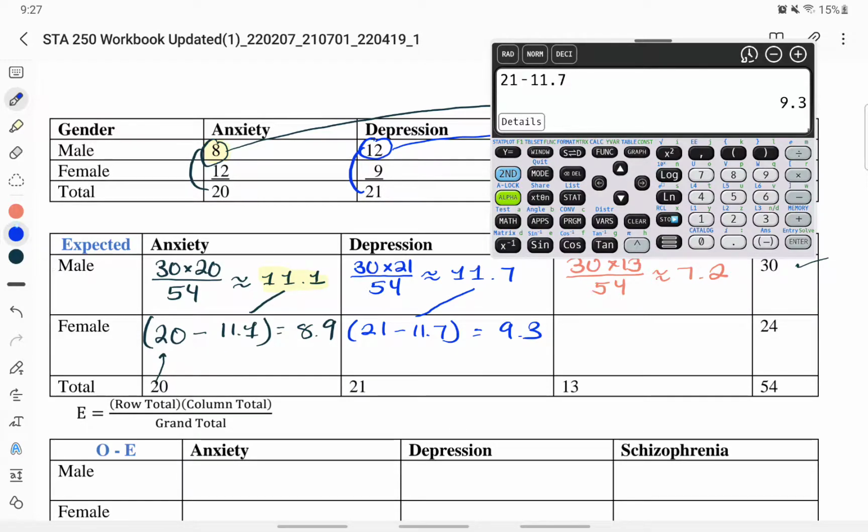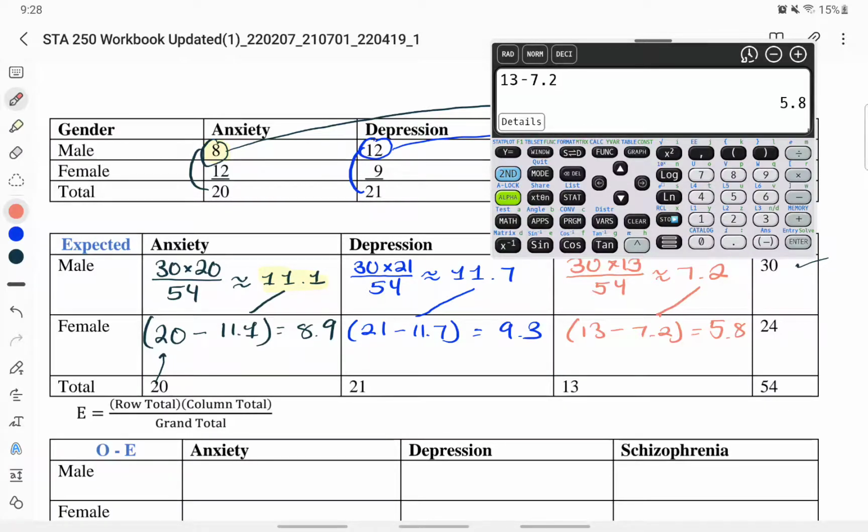And then we can do the same thing with the last one. Because we have 13 people in total that have schizophrenia, we're expecting 7.2 men to have it. So we can take the 13 minus the 7.2, and that should be 5.8.